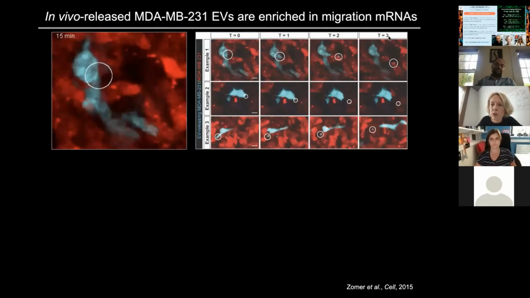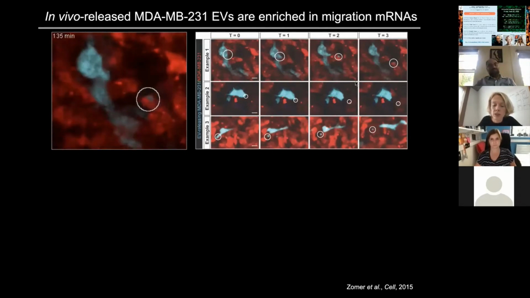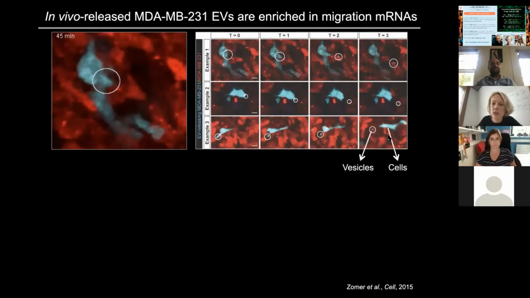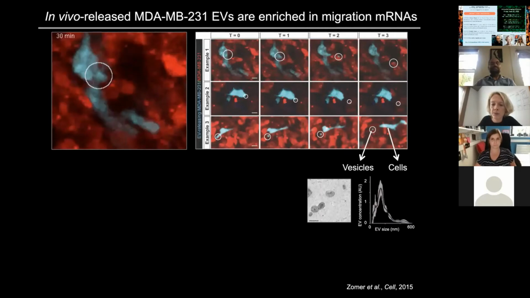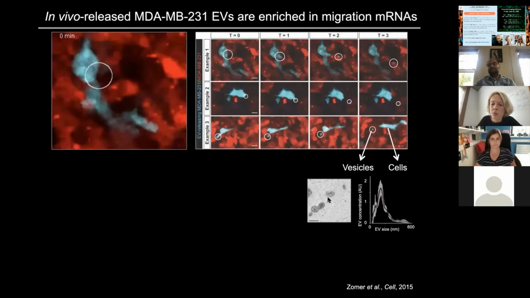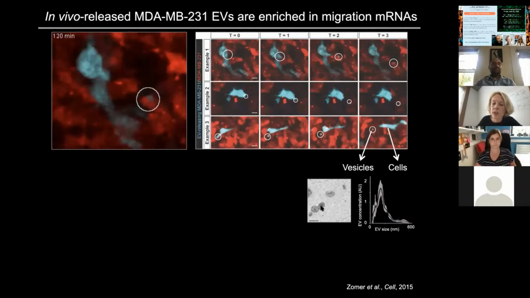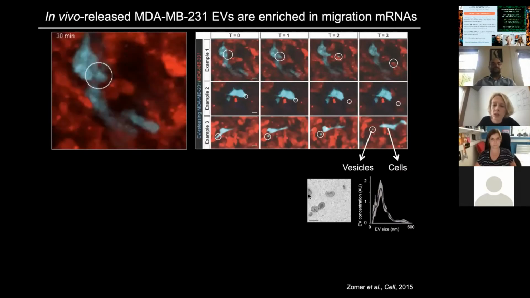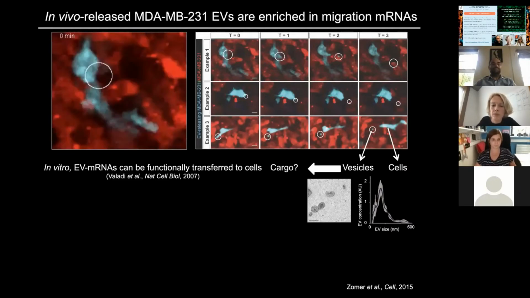Of course, then we wanted to know what is the potential function of these vesicles, what is inside the vesicles. So we isolated the vesicles and the cells from these tumors. And by electron microscopy analysis and by nanosight analysis, we could see that we successfully isolated extracellular vesicles. And we wondered about their cargo.